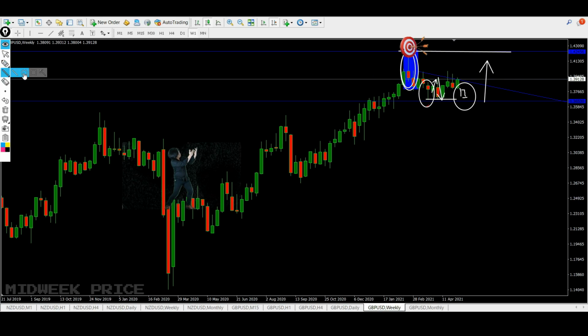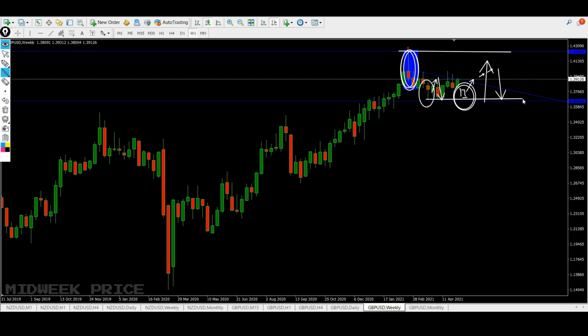Now on the other hand, if this long trade happens to be weaker than this short trade again, then I'll be waiting for a pullback as far as possible so I could take a short right back down to this new pivot low as a target. So in the short term, I'm just waiting for this long trade to form so I could gauge its strength and see if I should take a long right up to this pivot high target right here, or if I should take a short right back to this target down here.